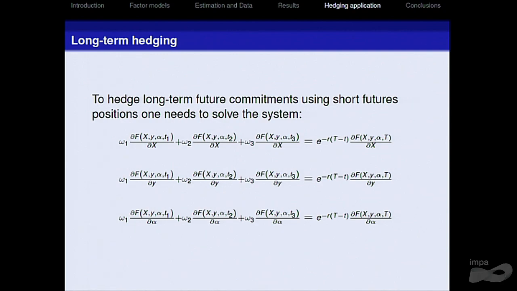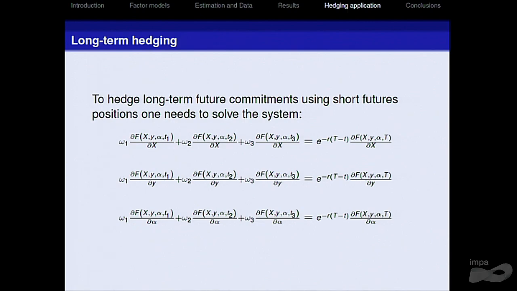And then we can solve this system and compute the omega, which is the long position in the future contract: the number of contracts for each maturity we are using to hedge this future commitment.